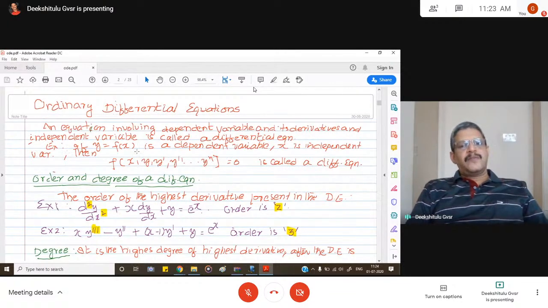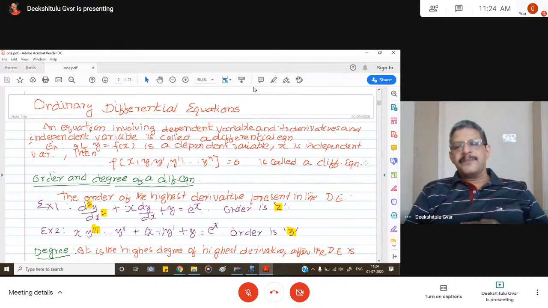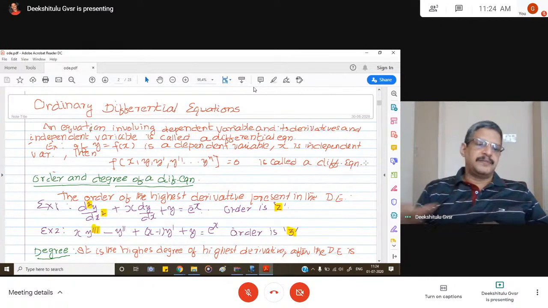That means if y is equal to f of x, if y is a dependent variable, x is independent variable, then a relation connecting x, y, y dash, y double dash, and so on and so forth, and the derivatives is equal to 0 is called a differential equation. So by looking at a differential equation, the basic properties that we have to identify, very important properties, are order of a differential equation and degree of a differential equation. What is the order of the differential equation?